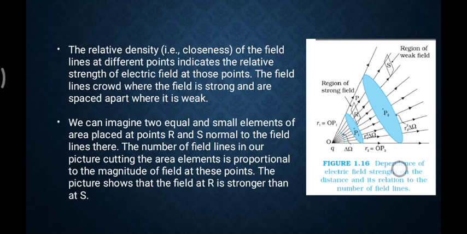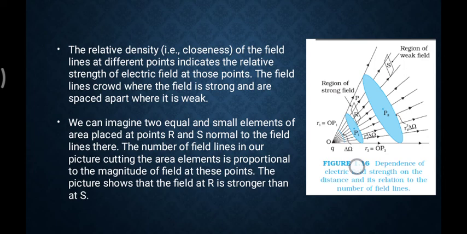I already explained these things. The number of field lines in our pictures cutting through the area elements is proportional to the magnitude of the field. As you can see, the area is the same, and the number of field lines passing through those two elements is in the same direction.